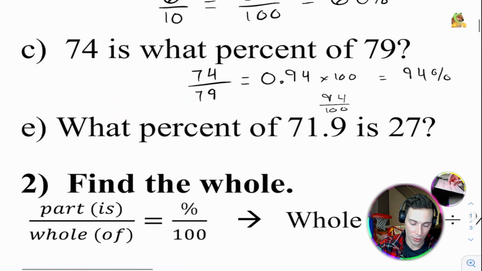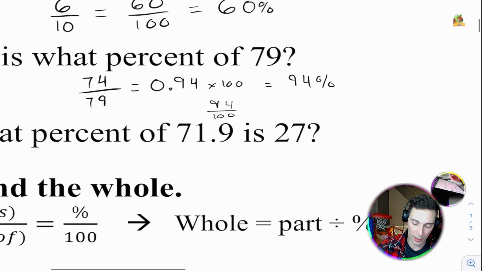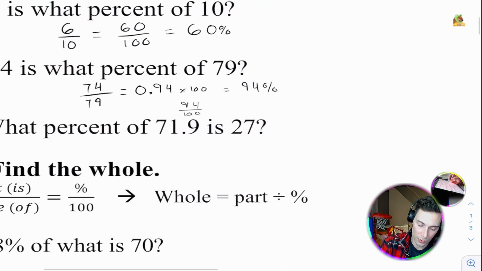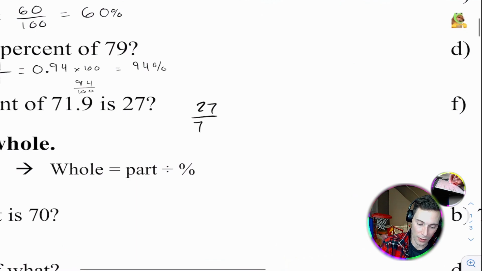Question number 1E. Now, this one has a decimal in it here. So 27 divided by 71.9.